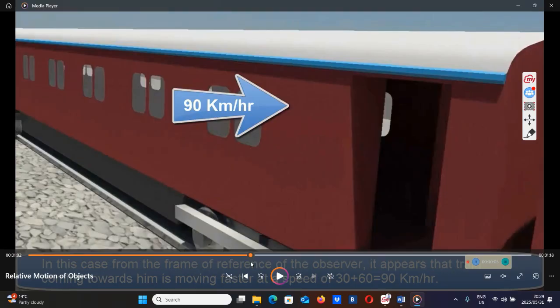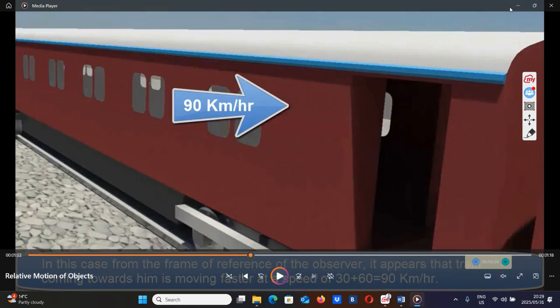It is moving at 60 kilometers per hour, but because that guy is also in motion and this other train is also in motion, it will appear that this other train is moving faster than the actual speed.